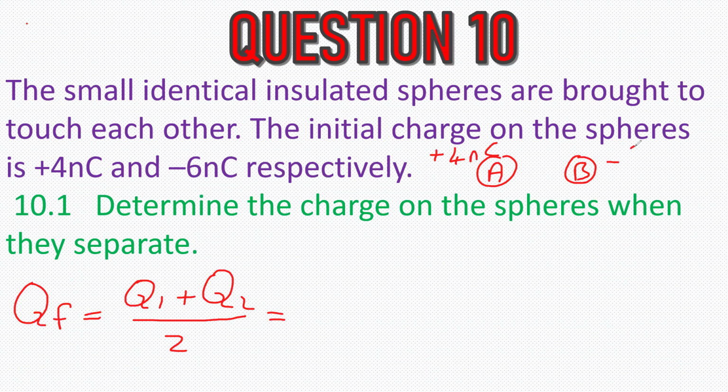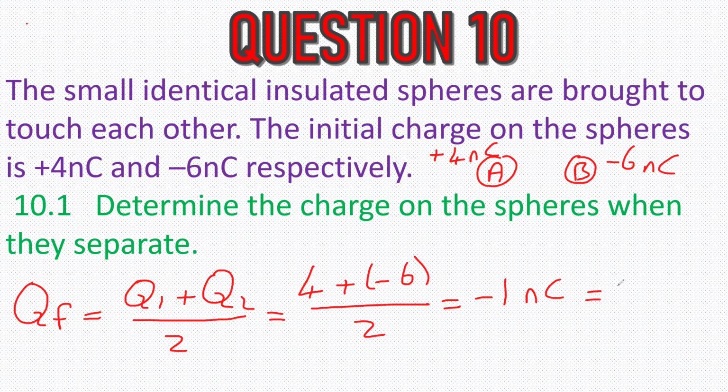Second one, minus 6 nanocoulombs. We can carry on with nanocoulombs, it's fine. Plus 4 plus minus 6 and divide by 2, getting minus 1 nanocoulomb, nano is 10 to the power of negative 9.